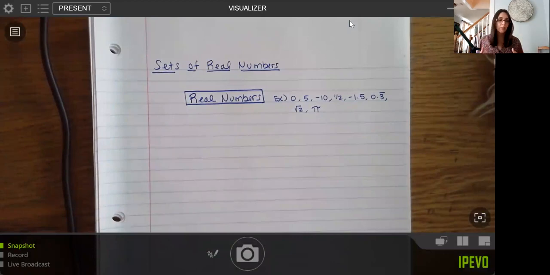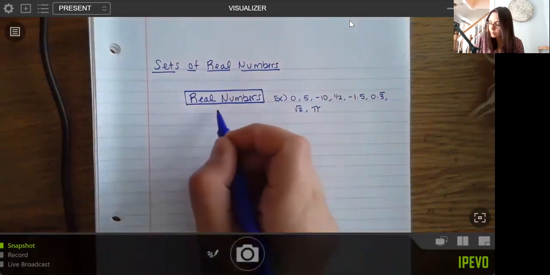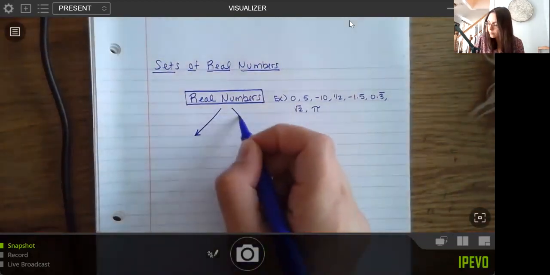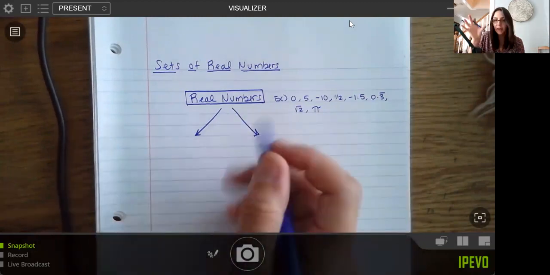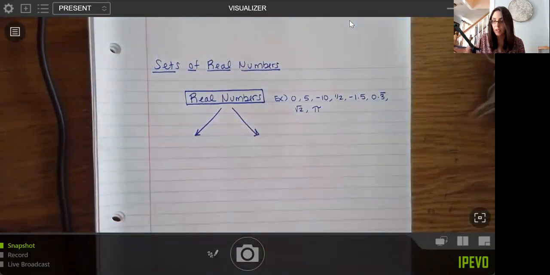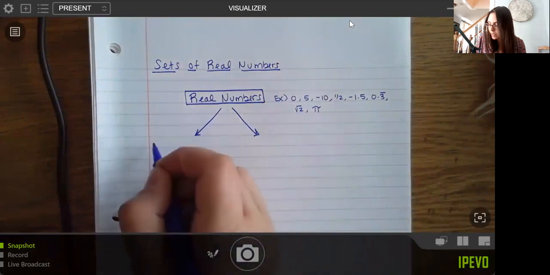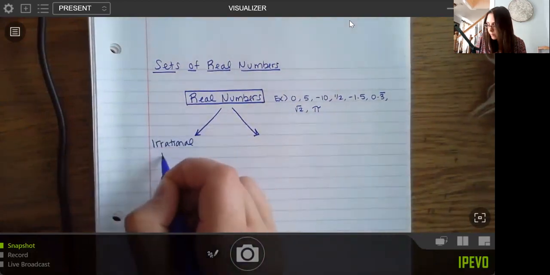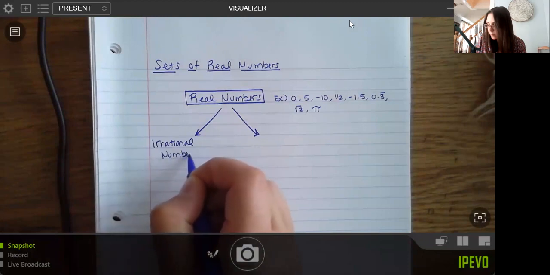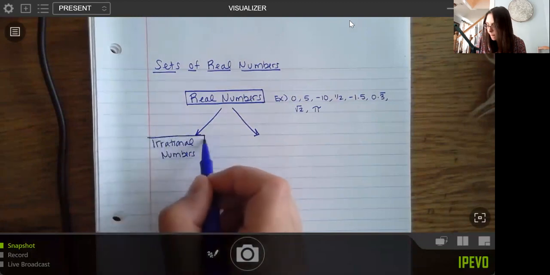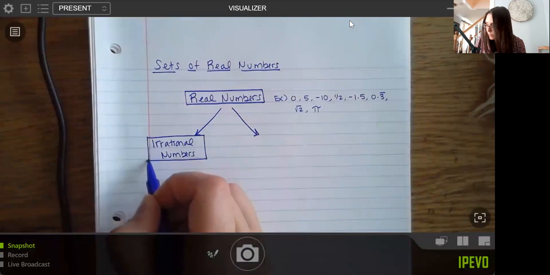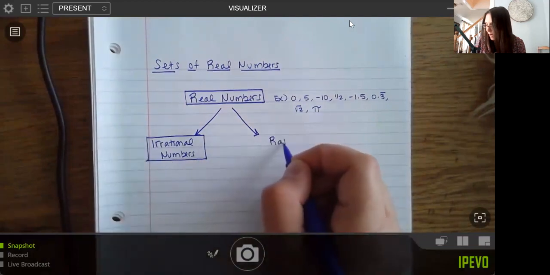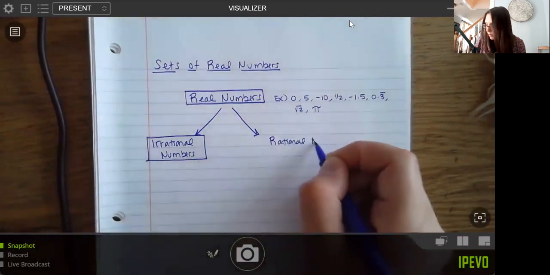And then under your real numbers, we have different subsets, so sort of subgroups of real numbers. So under the real numbers, it breaks off into two sections first. So you have your irrational numbers, and you have your rational numbers.